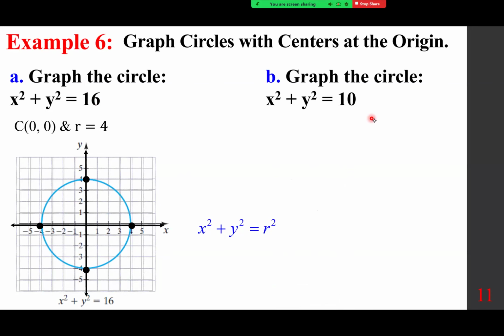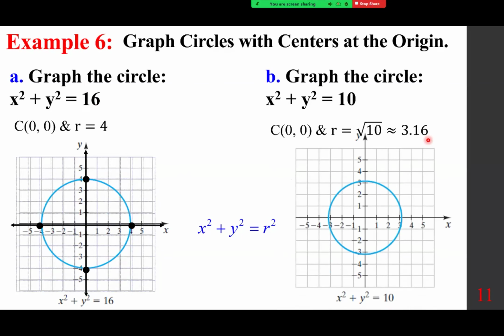Next, x squared plus y squared equals 10. The center is at 0, 0, and r is the square root of 10, roughly 3.16. The points are about 3.16, 0; negative 3.16, 0; 0, 3.16; and 0, negative 3.16, just to give you an idea.